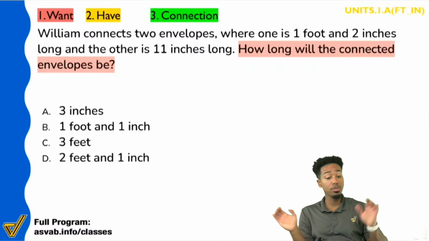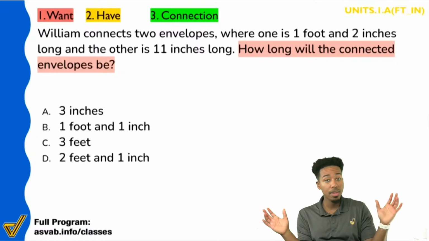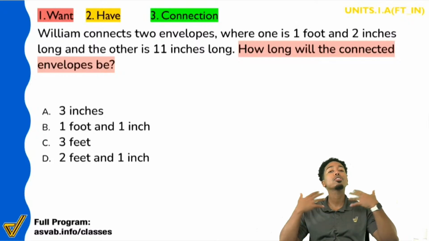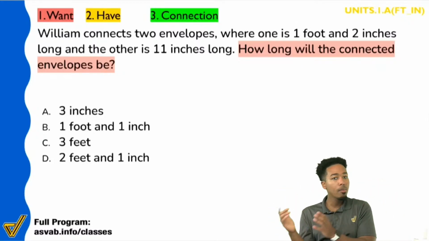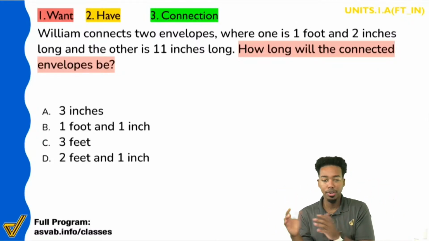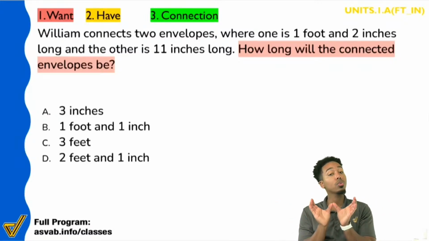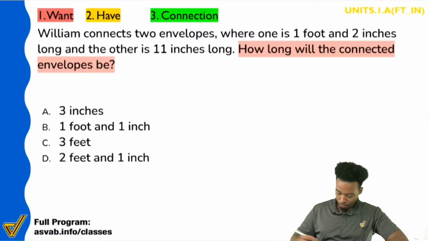So again, I didn't ask you anything about conversions. I'm just sticking to the first step. What am I supposed to find? Not how am I supposed to do it, converting and all that. I don't care about that. What are we supposed to find? The connected envelopes' length. And so it sounds like we're trying to add the length of those envelopes. So let's write that out.